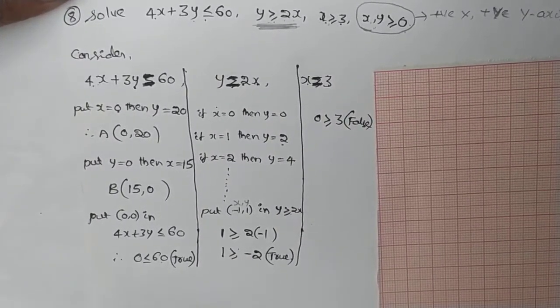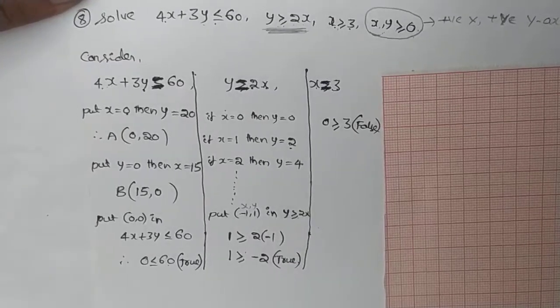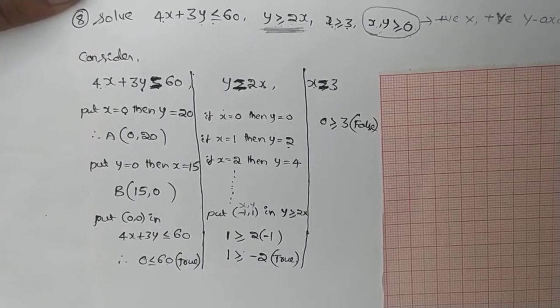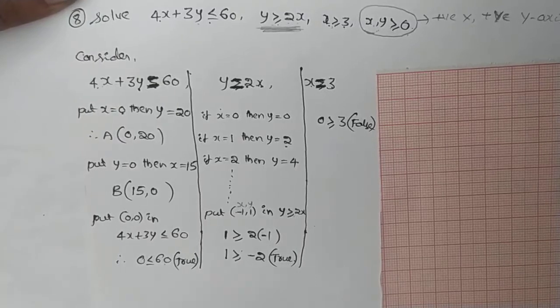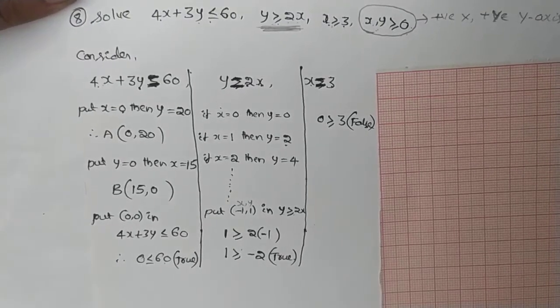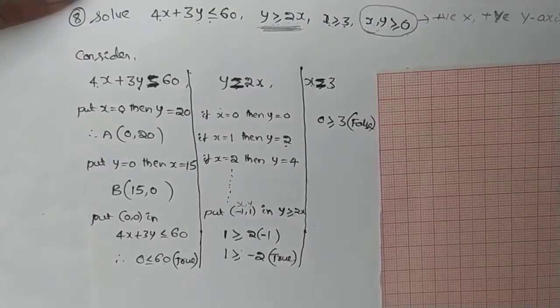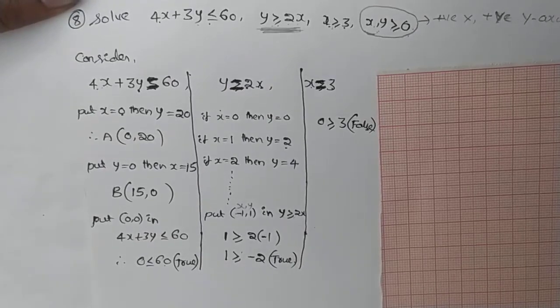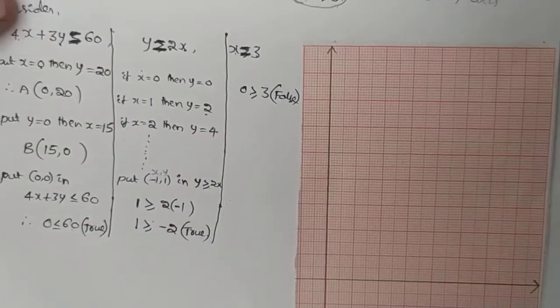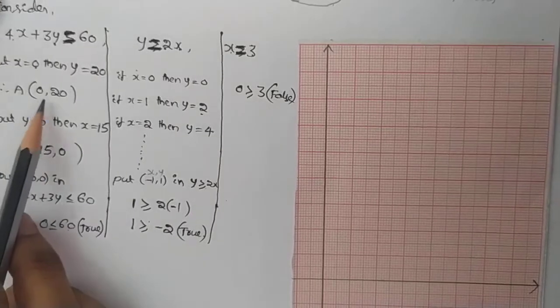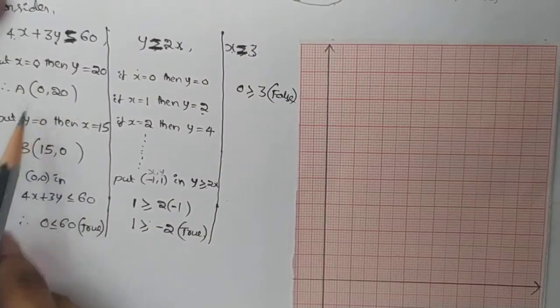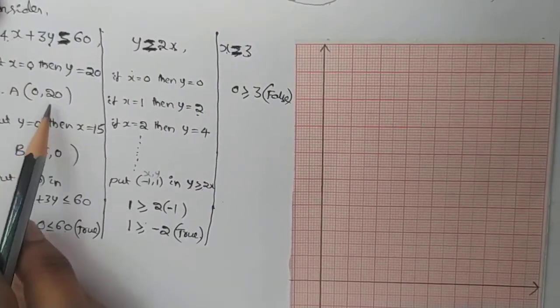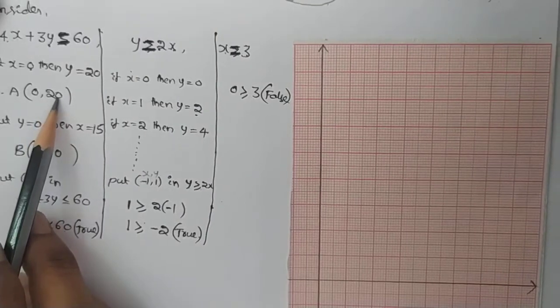Hence, we solved 3 inequalities. Now, let us plot these 3 inequalities in a graph together. Then, let us find the solution region of these 3 inequalities. If you observe, here x maximum will be plus 15, y maximum will be plus 20, isn't it?